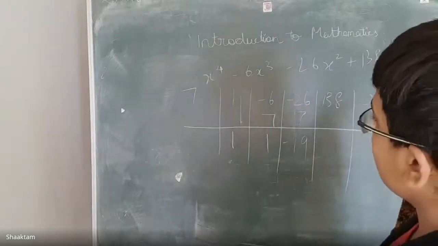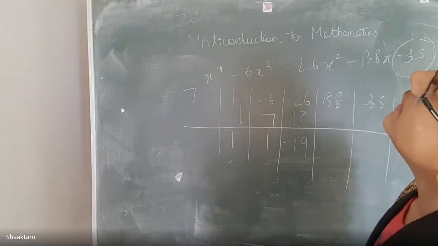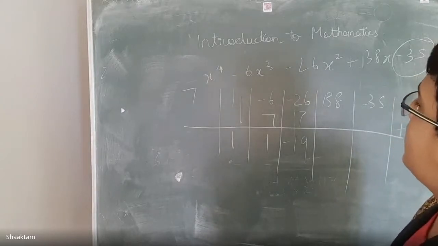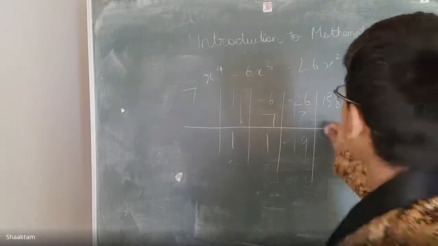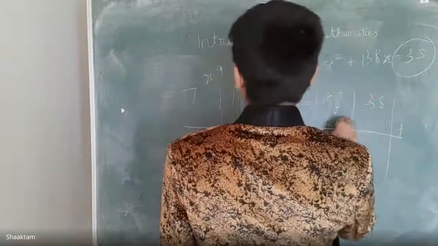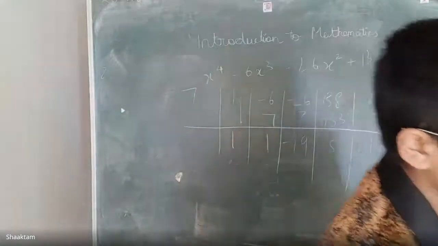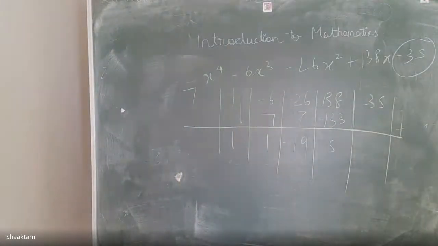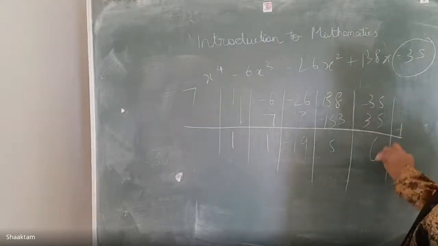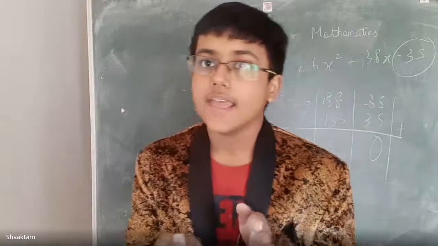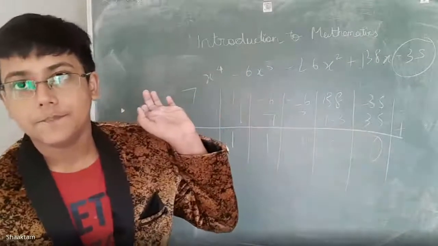Minus 19 into 7 gives minus 133. Minus 133 plus 138, I'll get 5. 5 into 7 will get me 35, and 35 plus minus 35 is 0.